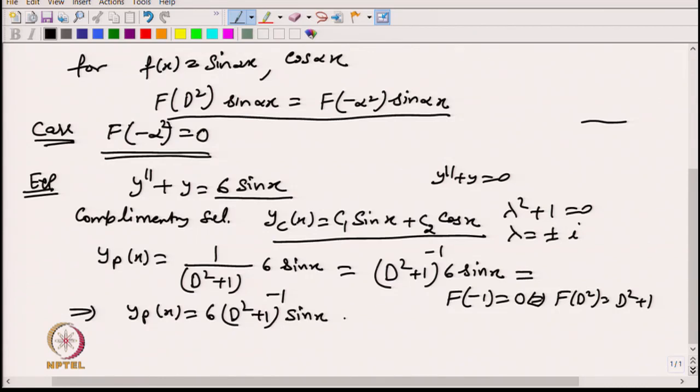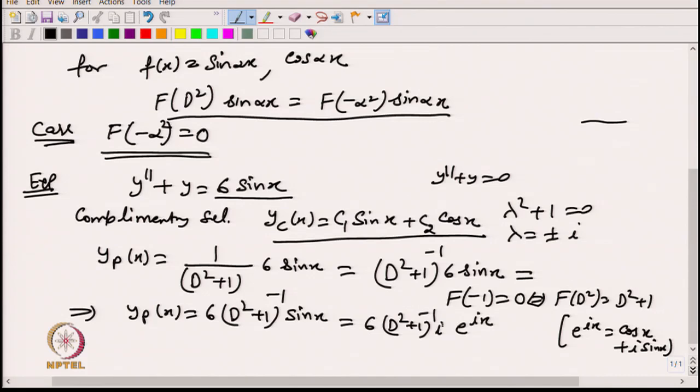So generally what we do is I will write this as the same, and the sin x, I will take e^(ix), because I know that e^(ix) is cos x plus i sin x, and I want to solve for the sin x.